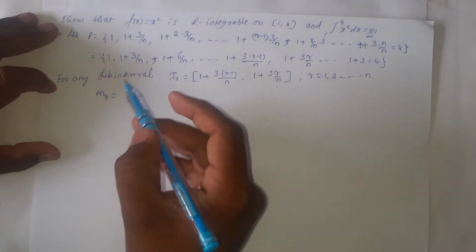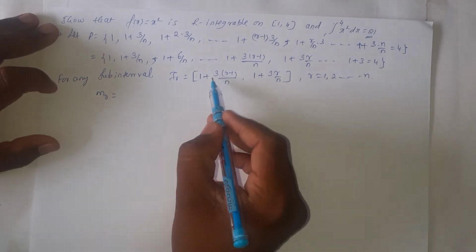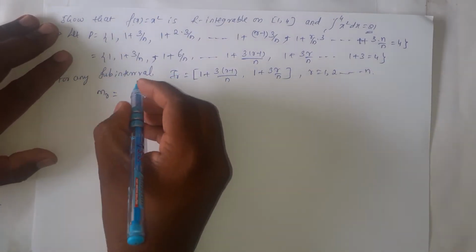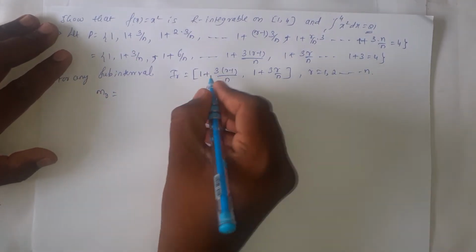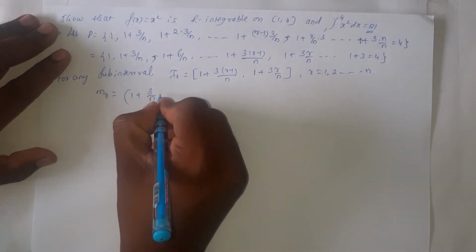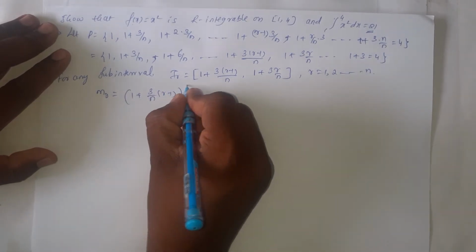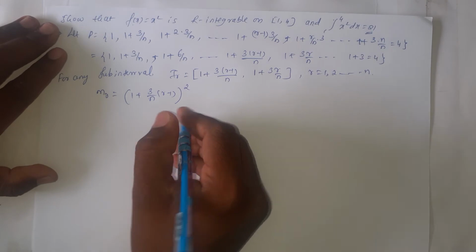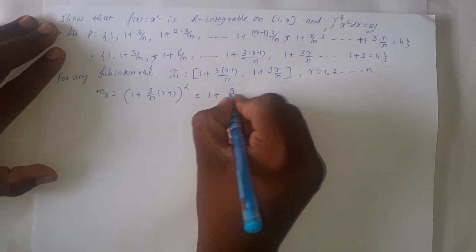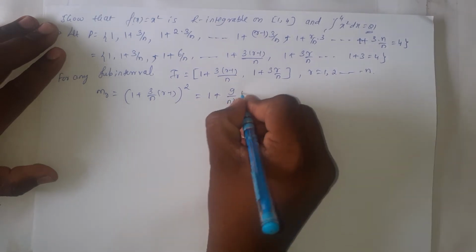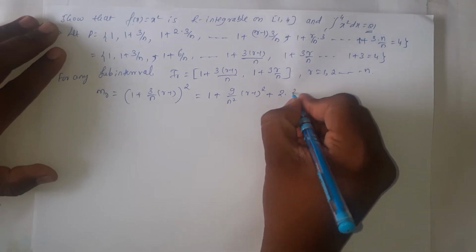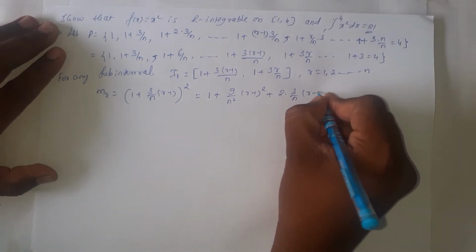So therefore, to find the infimum, we need to substitute the lower limit of the interval into the given function. So the function is x square, here (1 plus 3 by n into (r minus 1)) whole square, because x square is there. Now apply the identity (a plus b) whole square, that is a square plus b square, which is 9 by n square into (r minus 1) whole square, plus 2ab, that is 2 times 3 by n (r minus 1).